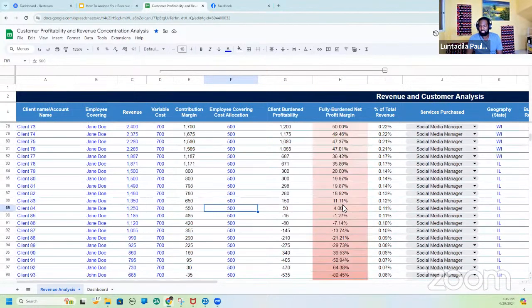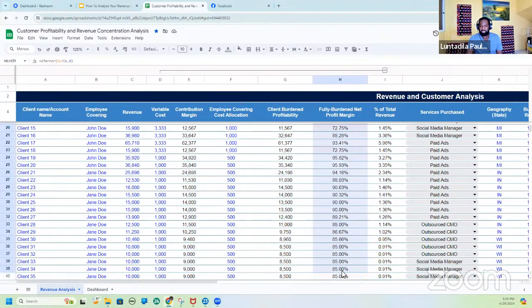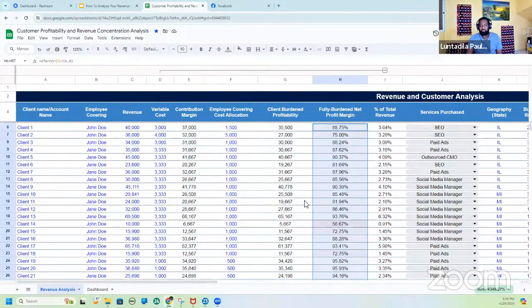So based on this information, we can clearly see who the winning clients are, which clients are bringing the highest net profit margin. And from there, we can start to think about which clients we are allocating significant resources to that are not contributing much to the firm, and which clients we should be allocating a little bit more resources to based on the profit contribution they bring to the firm, okay?